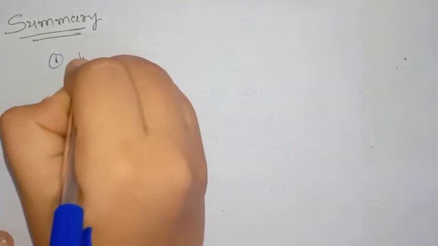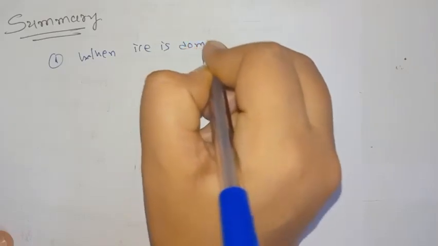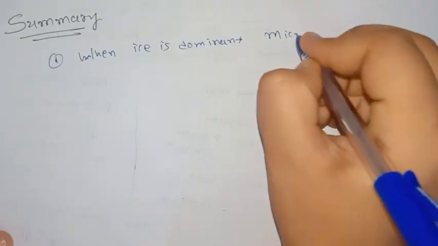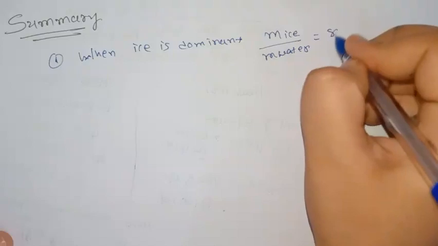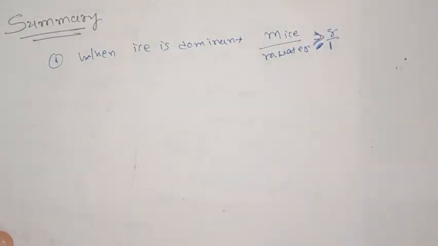After seeing these three different examples, let us note down the summary. First point, when ice is dominant, that means the ratio of mass of ice upon mass of water is greater than or equal to 8:1, then the entire steam will be cooled up to 0 degree and the final temperature will be 0 degree.